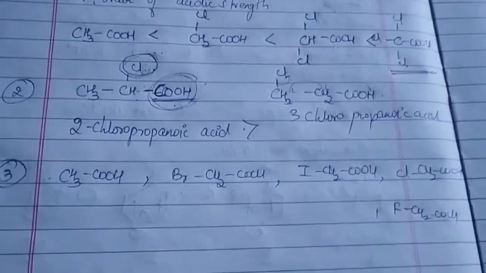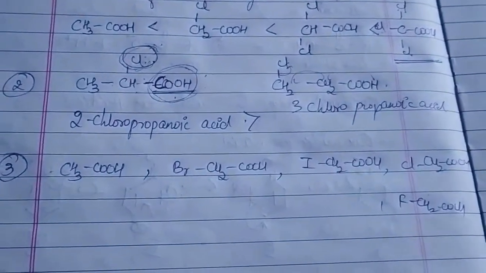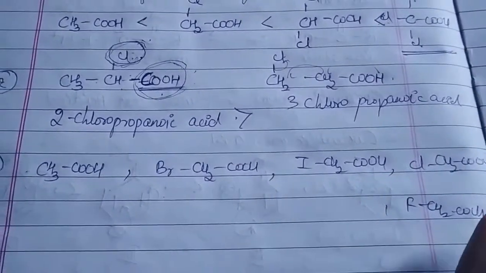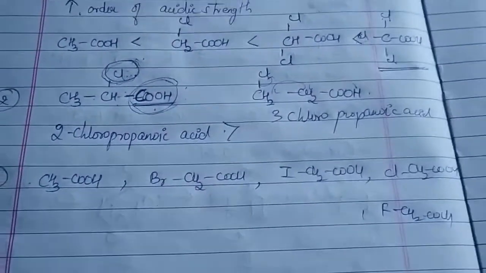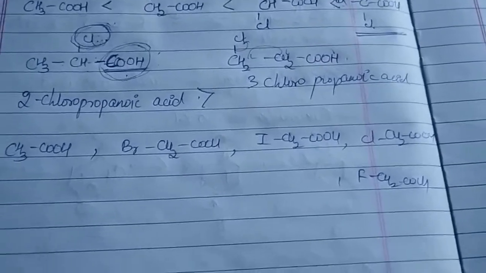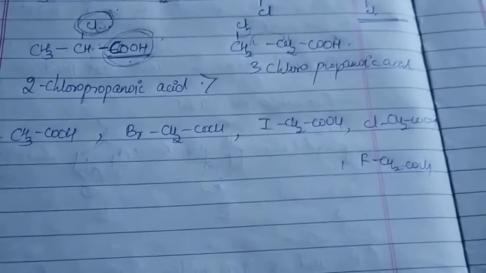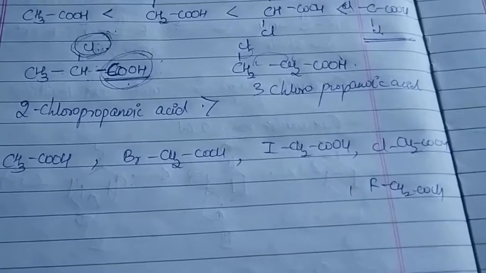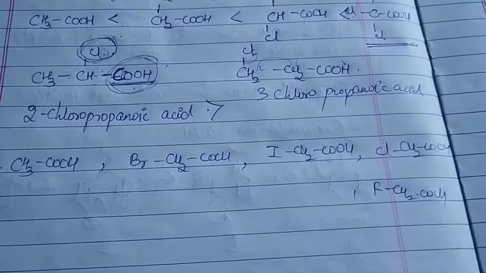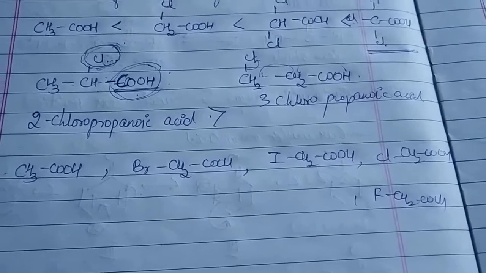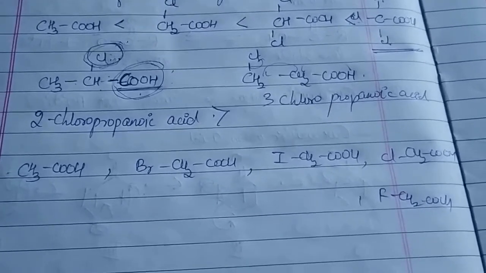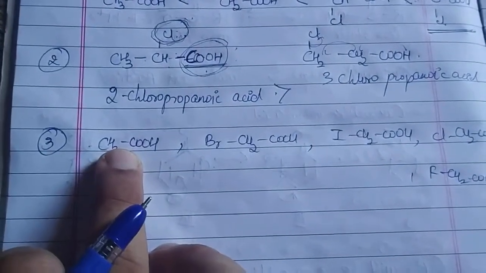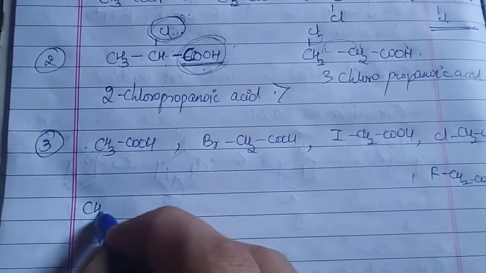Here we know that halogens are electron withdrawing groups, and in all the cases we have halogens, but they are all different halogens. So how can you analyze this situation? Remember, the higher the electronegativity of your halogens, the greater is the strength of the acid. Since acetic acid has no electron withdrawing group, it will be the least acidic.